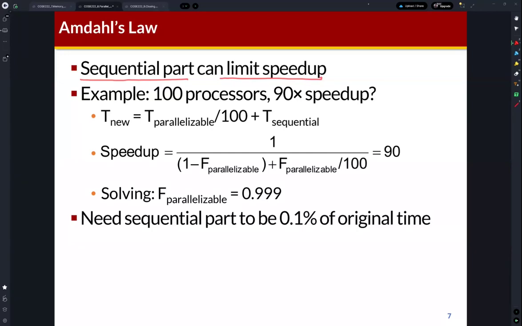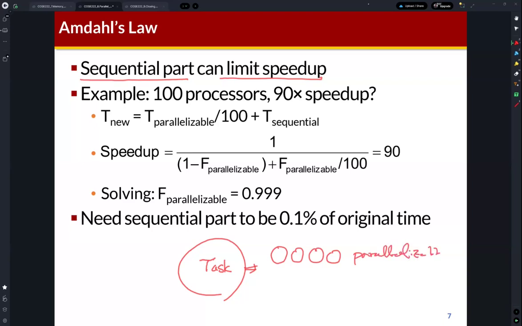So what does that mean? Our task, some task, can be composed of a parallelizable part and a sequential part.